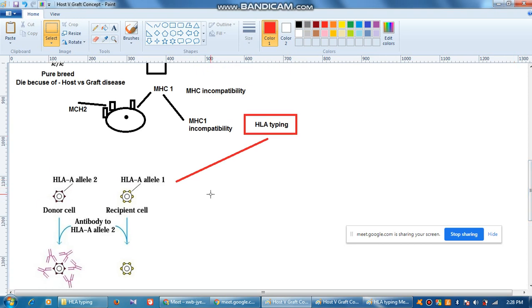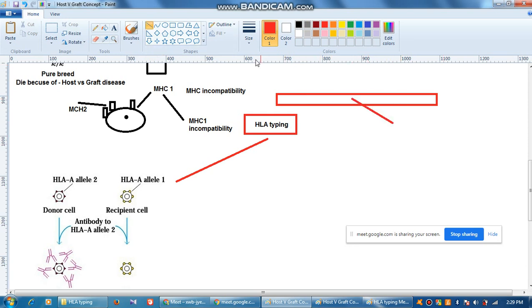So what happens is this HLA is such a gene, as you know, that there are several subunits of it. For example, as you already know that HLA genes are also very hypermutable. Okay, so I'll write it down.